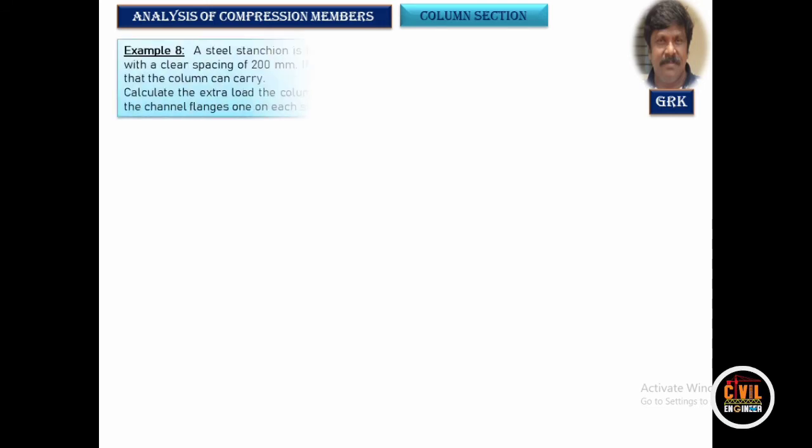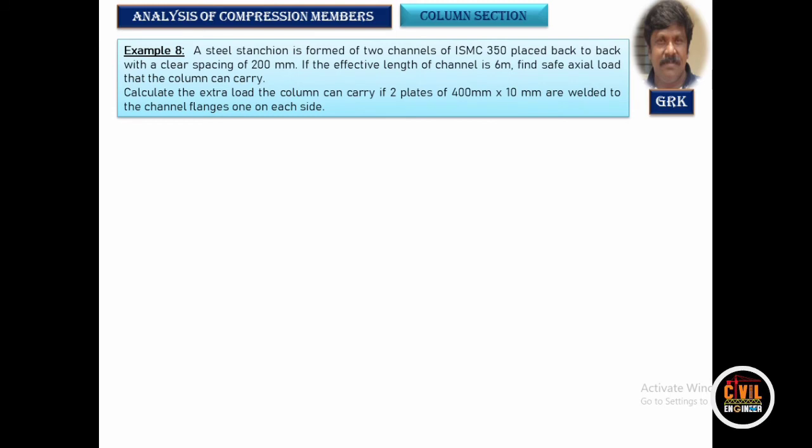Now let us try to understand some more problems of different types of connections. Let's look into another problem where two channels are being joined together back to back, that is ISMC 350, which has an effective length of 6 meters.